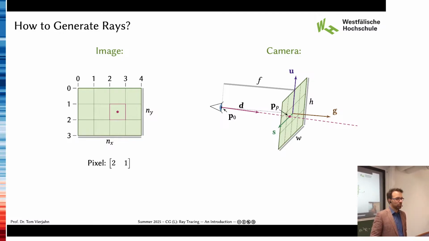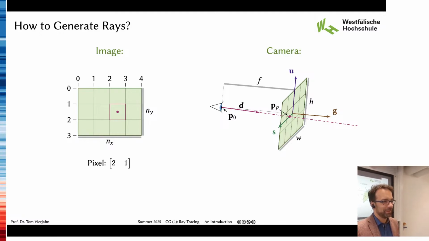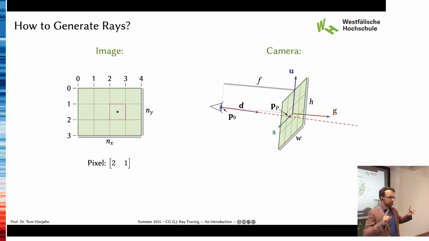Are we looking straight through position 2, 1 in this coordinate system? Where is position 2, 1? Position 2, 1 would be here. But we're looking through this position. Careful. If we want to look through the pixel's center, then it's not position 2, 1 that we're looking through.